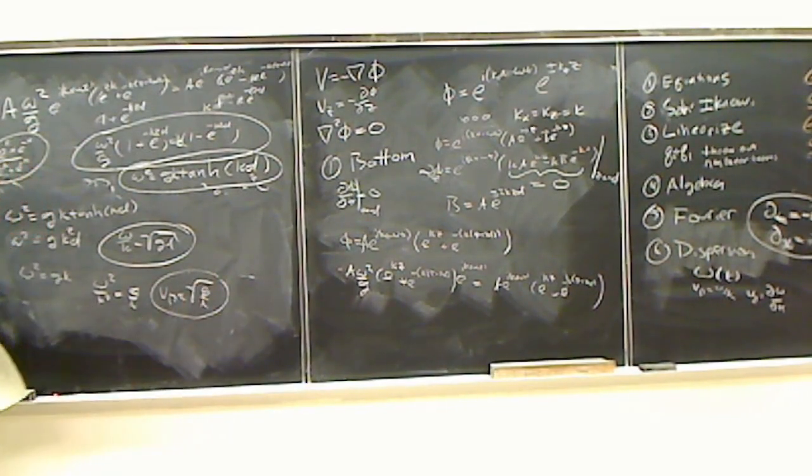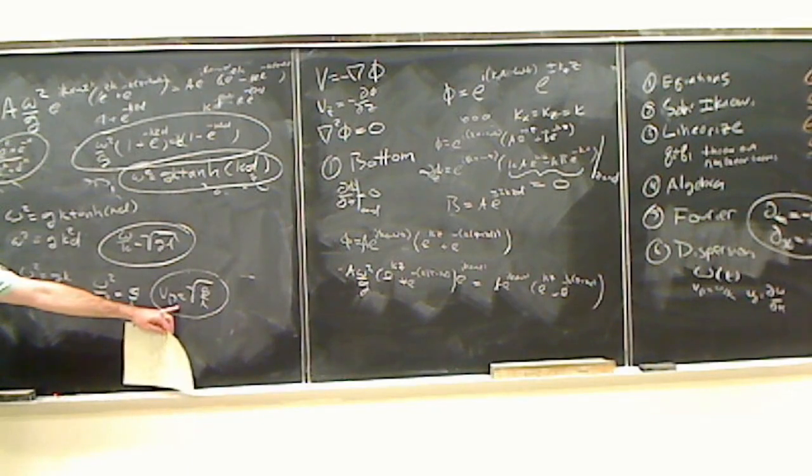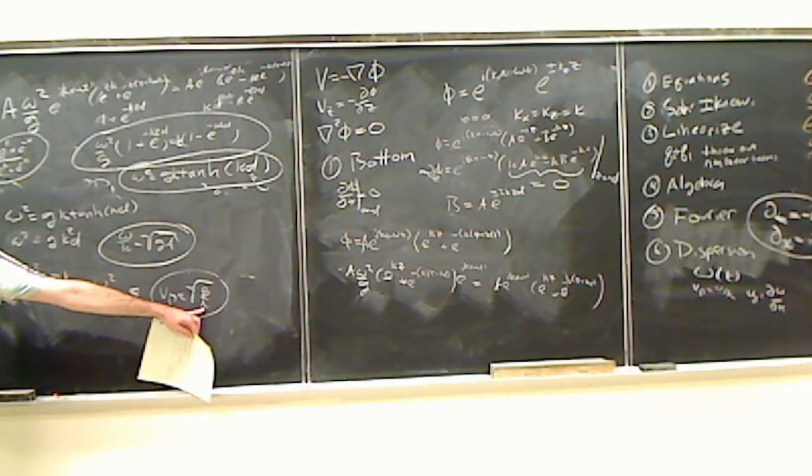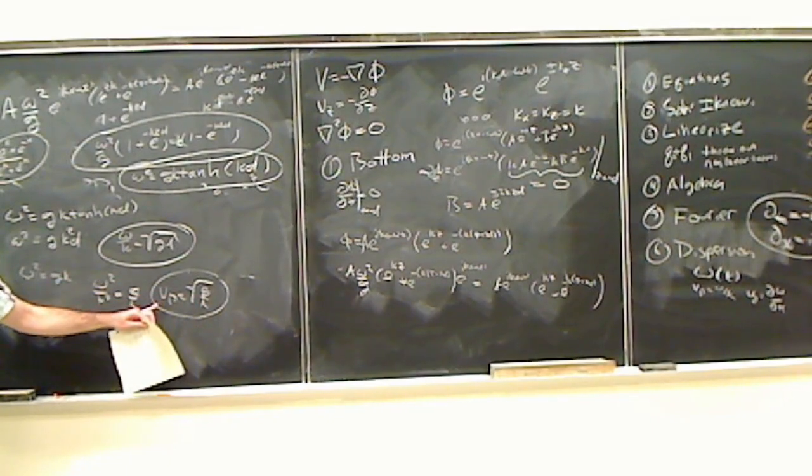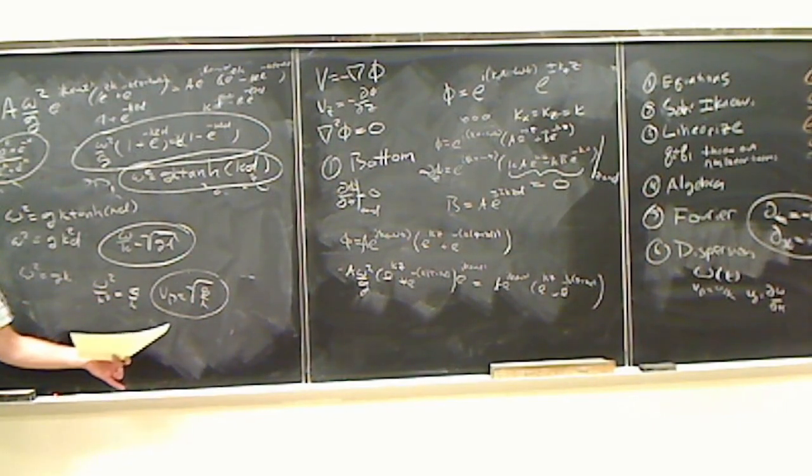So for long waves, the phase velocity decreases with wave number. So short waves have high k, so short waves go slower, and long waves go faster. Does everybody feel at least basically comfortable about that progress of events? More or less, if you want, I can go back and do any of that again.